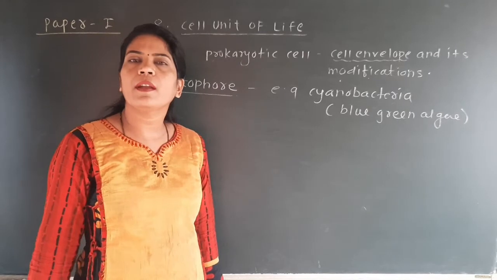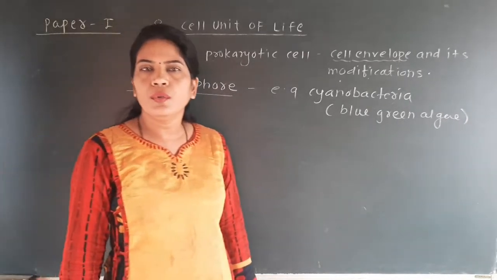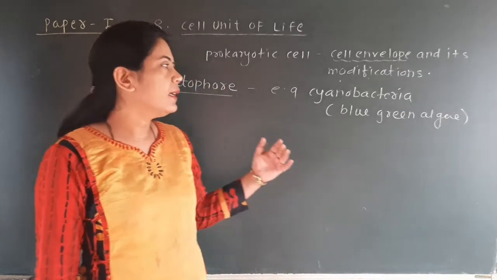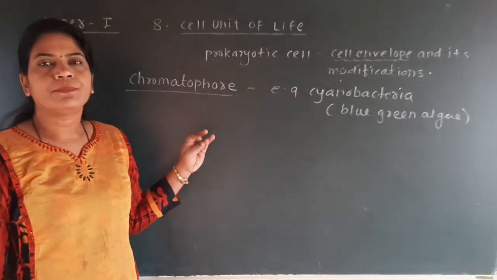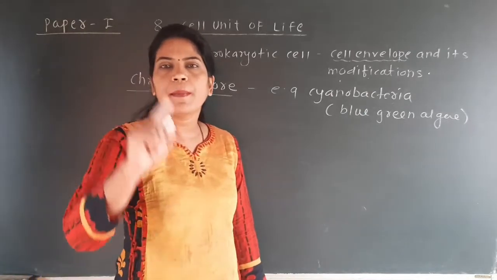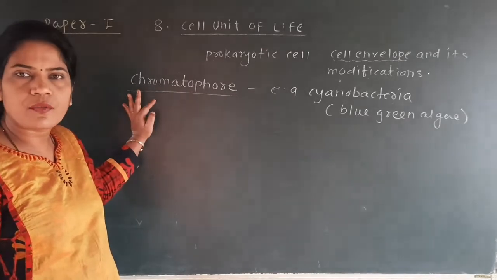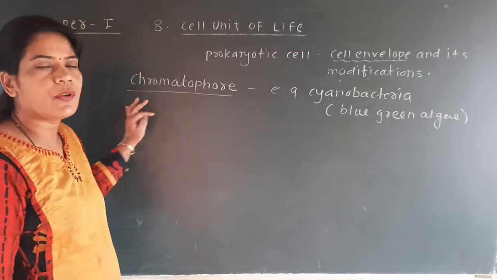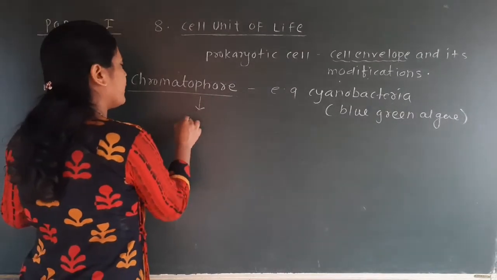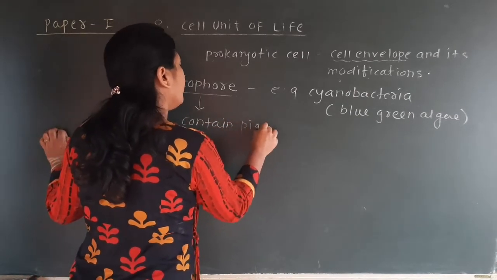This cyanobacteria we have seen as an example of the eubacteria. Here cyanobacteria has again a membranous extension into the cytoplasm, and that extension is called chromatophore, and this chromatophore contains the pigments.